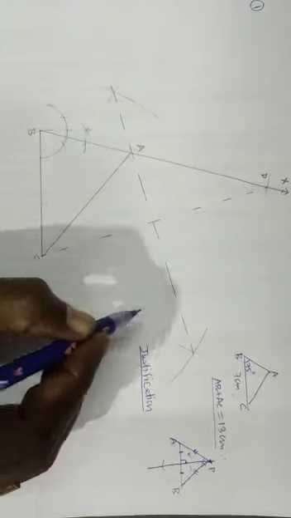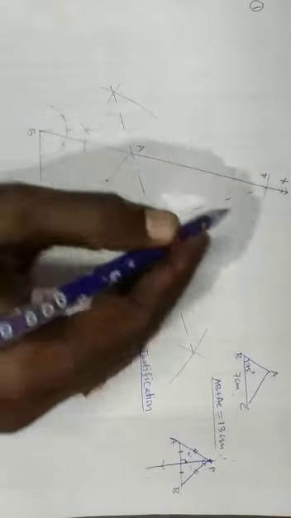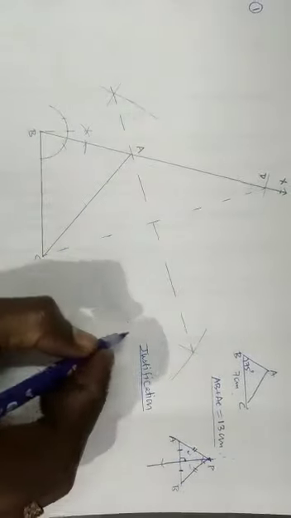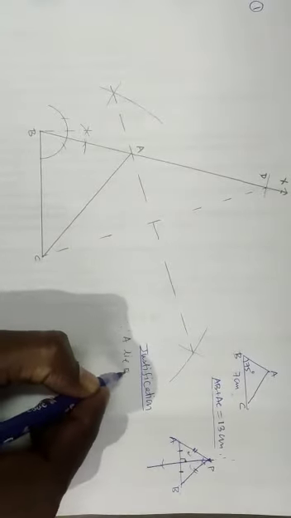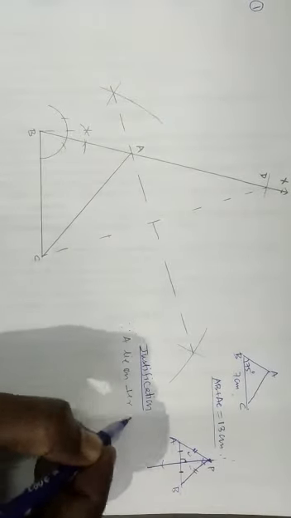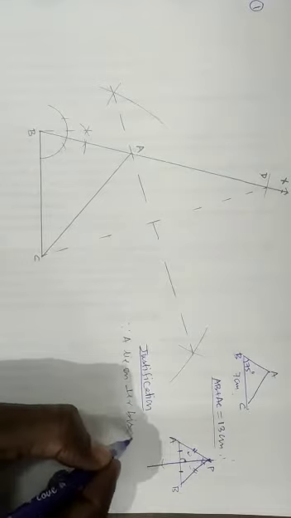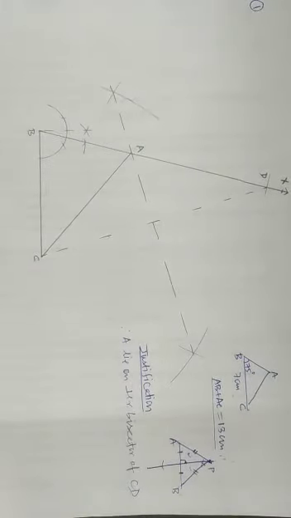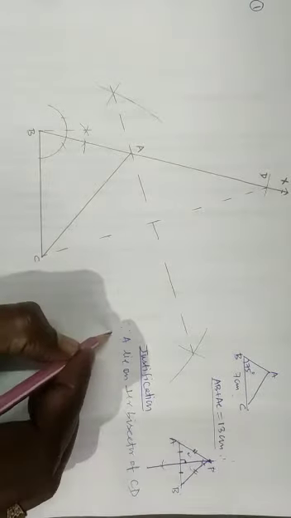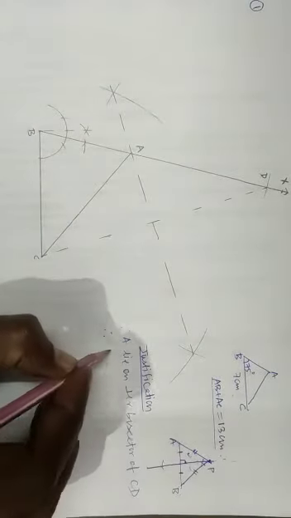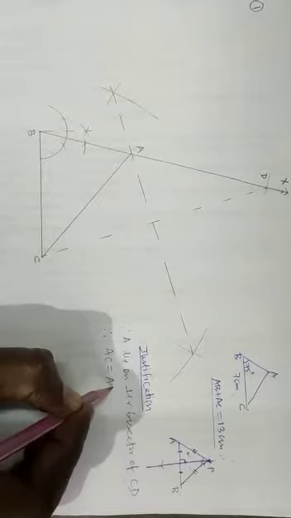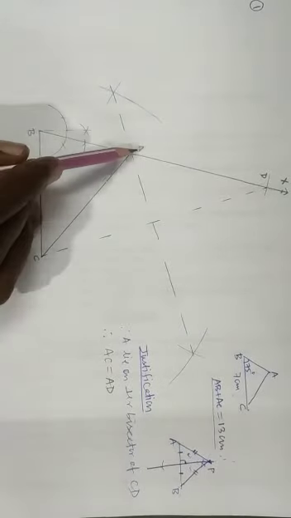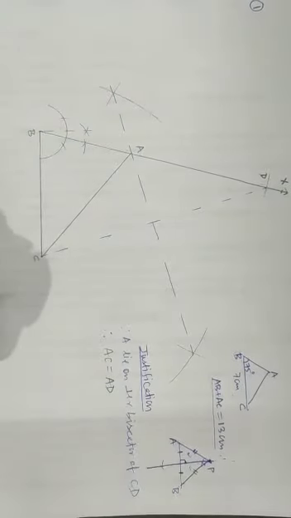Since the point A is lying on the perpendicular bisector of CD, we can say that AC and AD are equal, because we have drawn the perpendicular bisector for CD, and the end points are C and D. So the distance from A to C and from A to D will be equal.